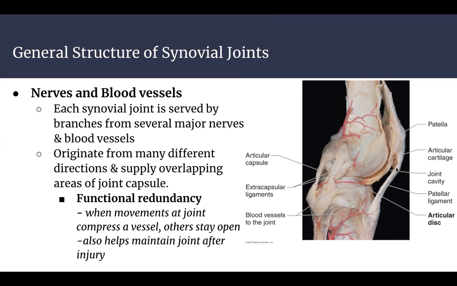In this cadaver tissue, we can see a lot of blood vessels coming in here and down here and into the capsule itself. Now, it's really important that we have all of this feeding in from different directions because when we're moving the joint, some of these blood vessels and nerves may be pinched by the compressive forces of the muscle.